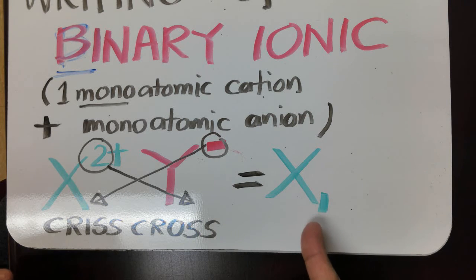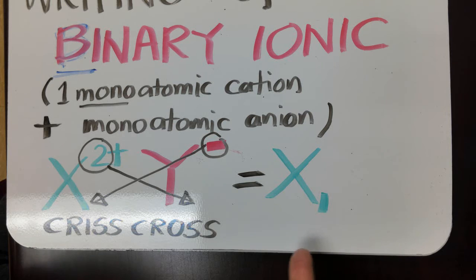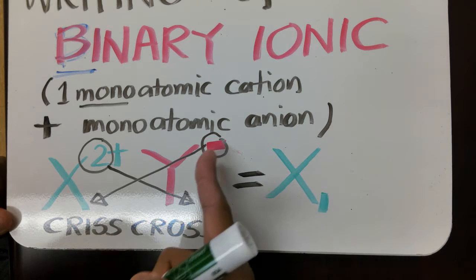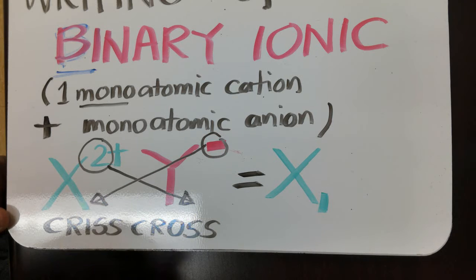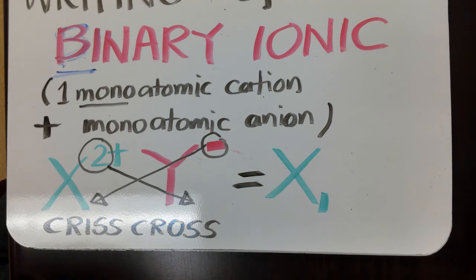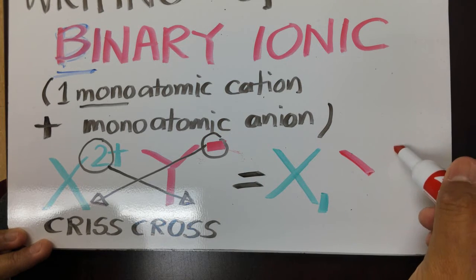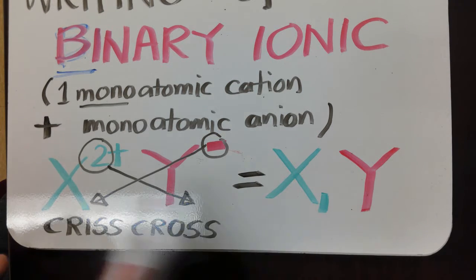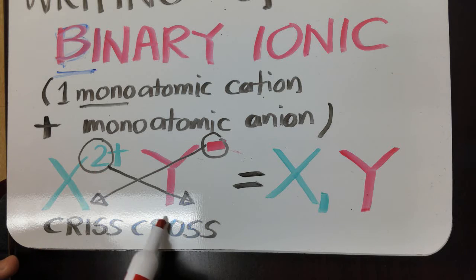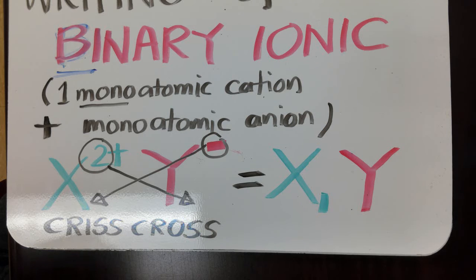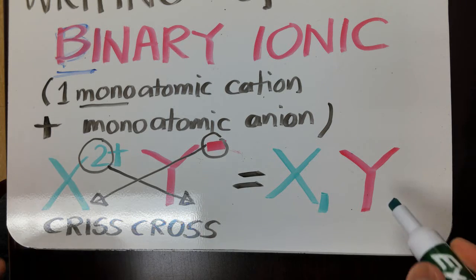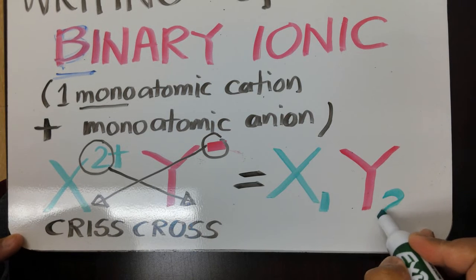Let me just put the 1, but later on you will see that it shouldn't be there because it's just a 1. And then for the y, let me write down the symbol again. Of course, you have to write the symbol. The y, remember the 2? It went to the y, so the 2 will become the subscript of y.